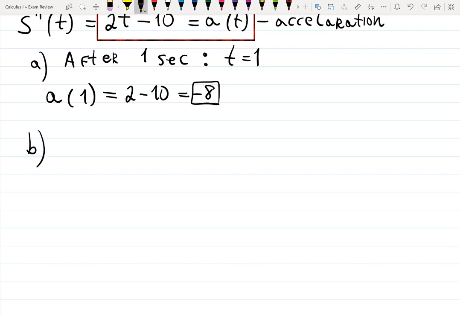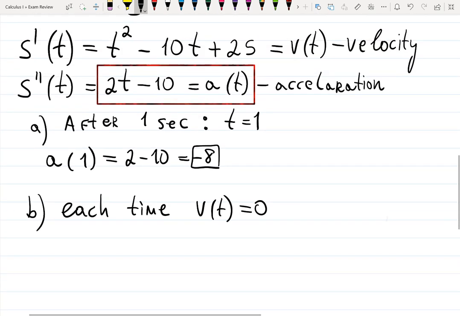(B) The second question actually asks you not after some number of seconds, but each time the velocity is 0. What does it even mean, each time the velocity is 0? Well, it means we write down the equation of the velocity we just found, and it would be convenient to put it in a box as well. Here it is.